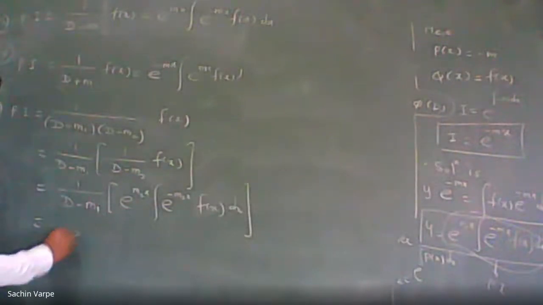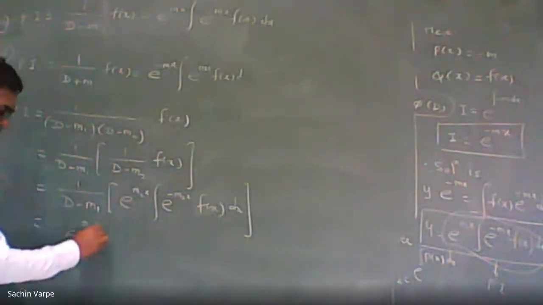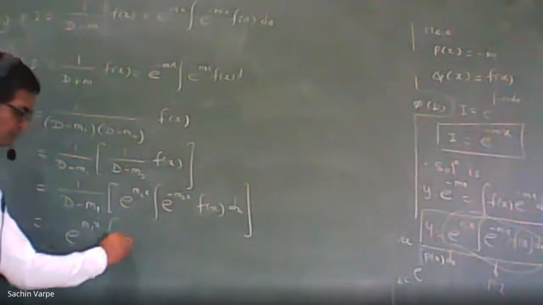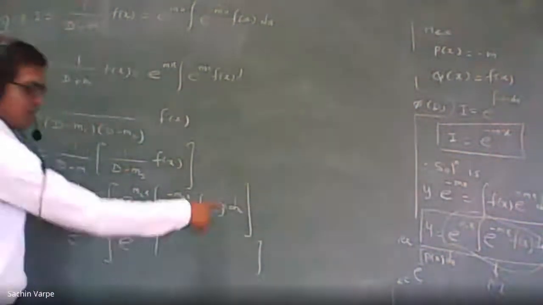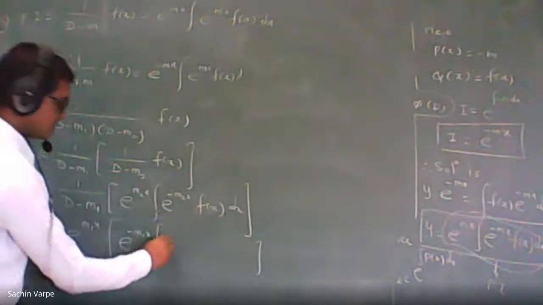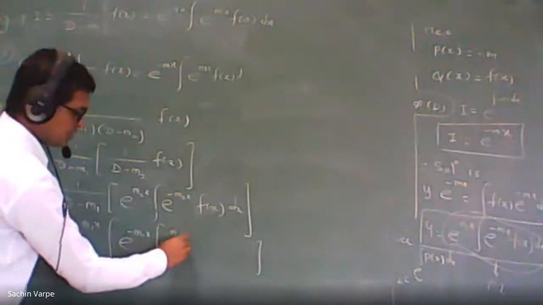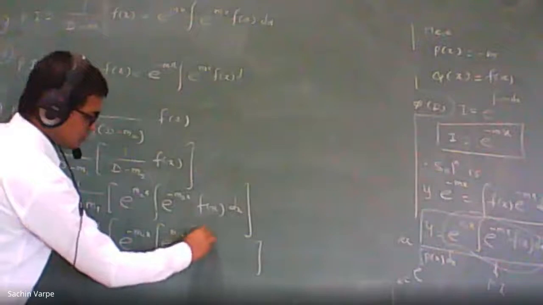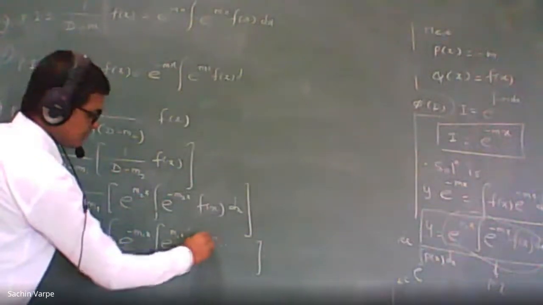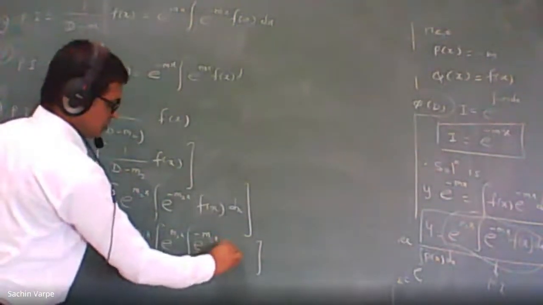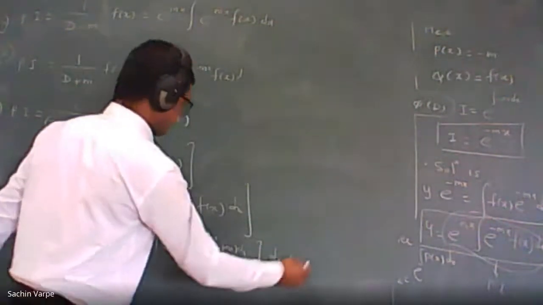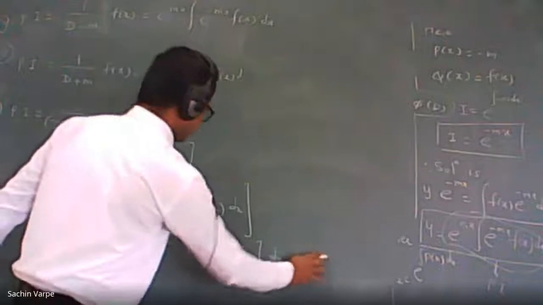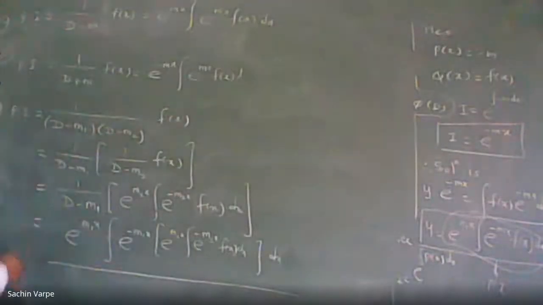So what will it be? e raised to m1x integration of e raised to minus m1x and the previous complete f of x, that is e raised to m2x integration of e raised to minus m2x f of x dx. Okay, that is the value of the required particular integral.